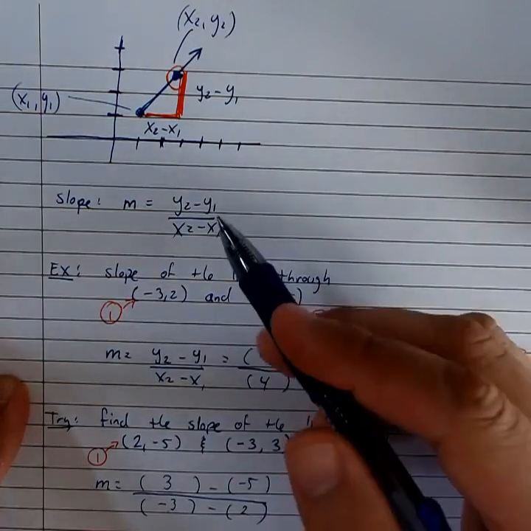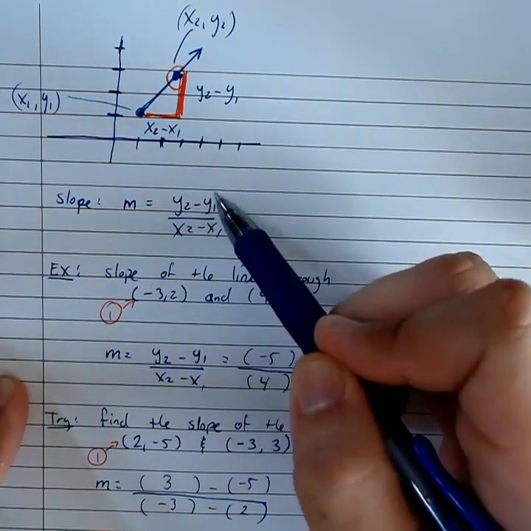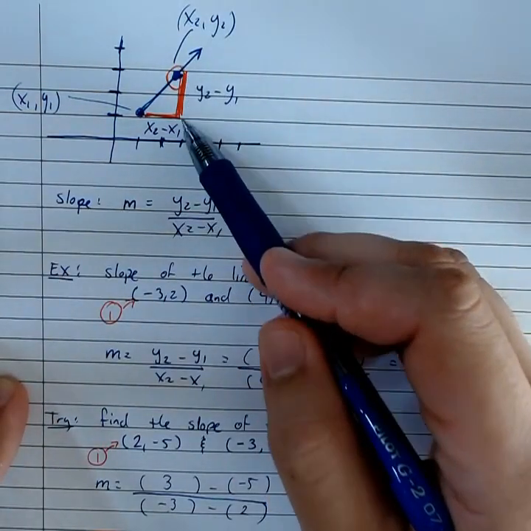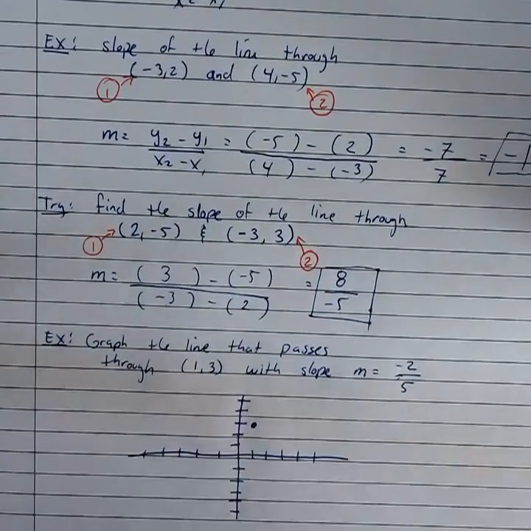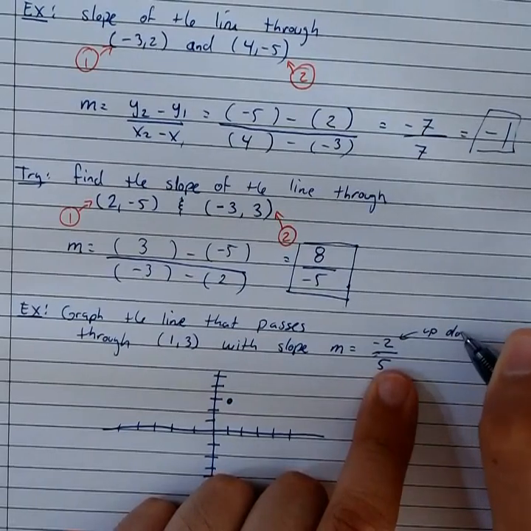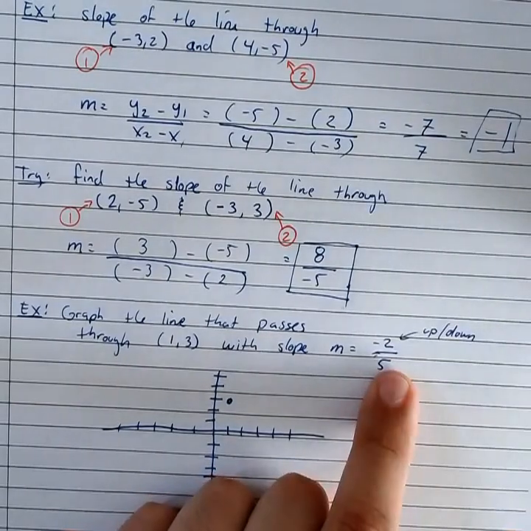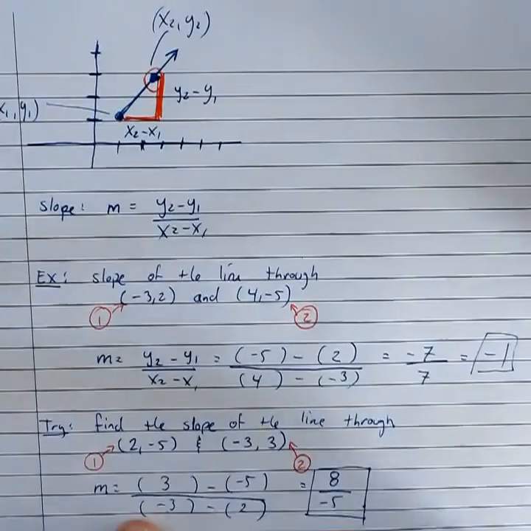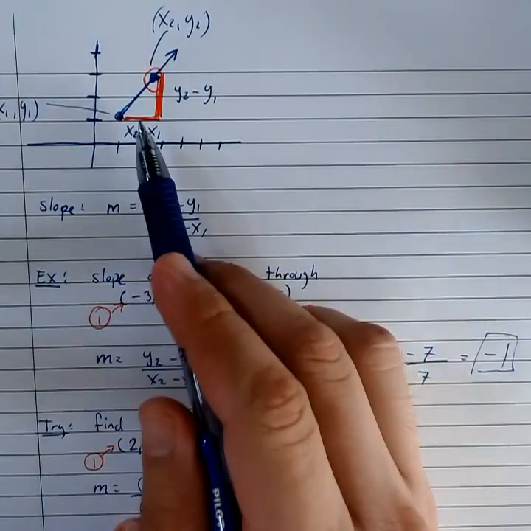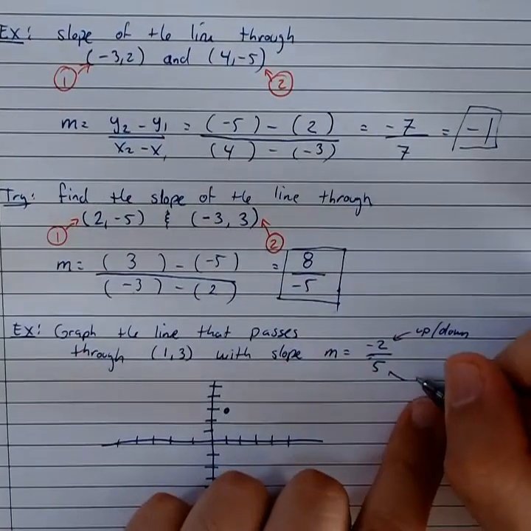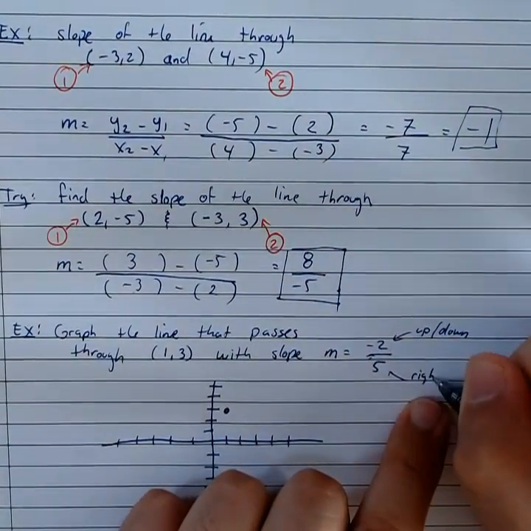If that numerator is a positive number, you're going up. If the numerator is a negative number, you're going down. So this will tell you up or down, where, as usual, positive is up and negative is down. Your denominator is the difference in the x values, or in other words, how far left and right you're moving. So your denominator will tell you right and left.